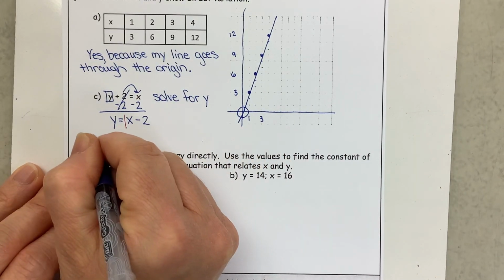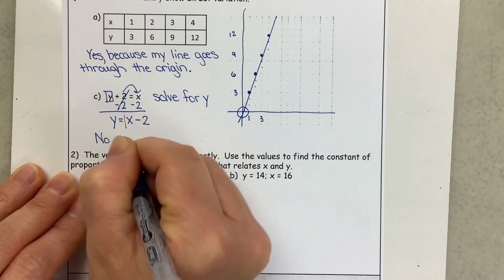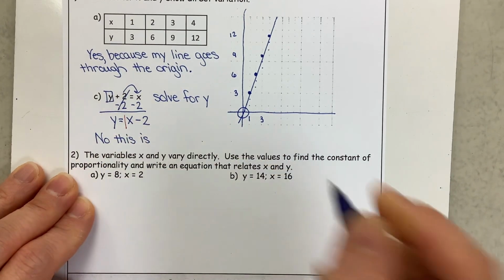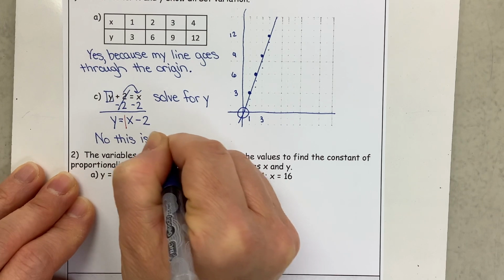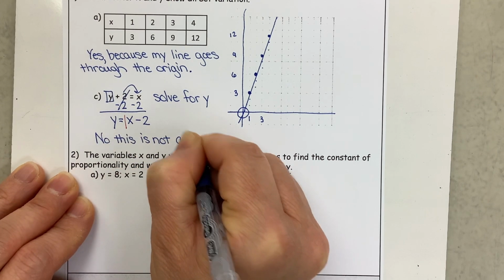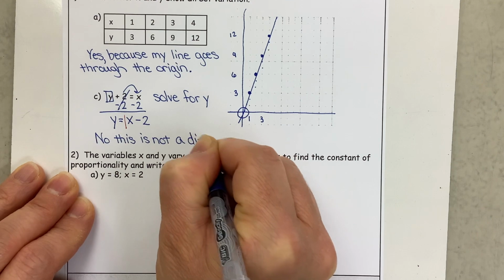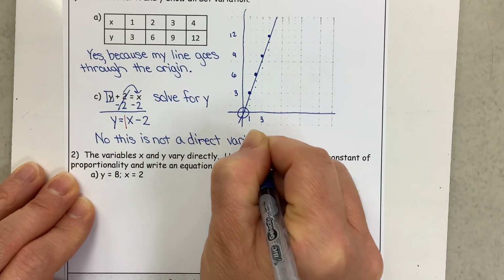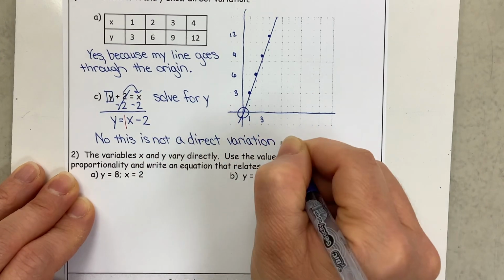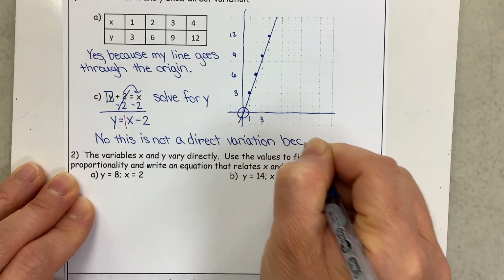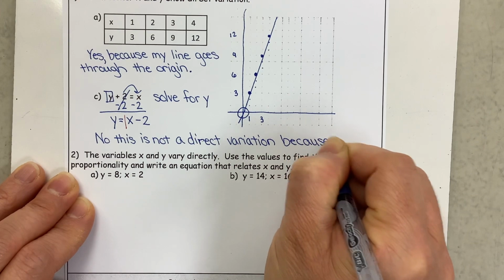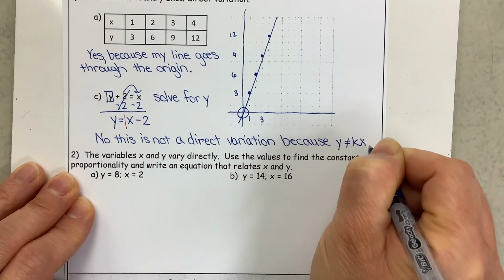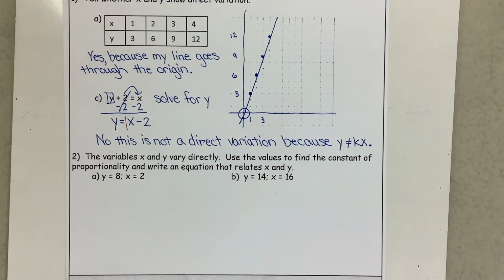So no, this is not a direct variation, because y does not equal kx.